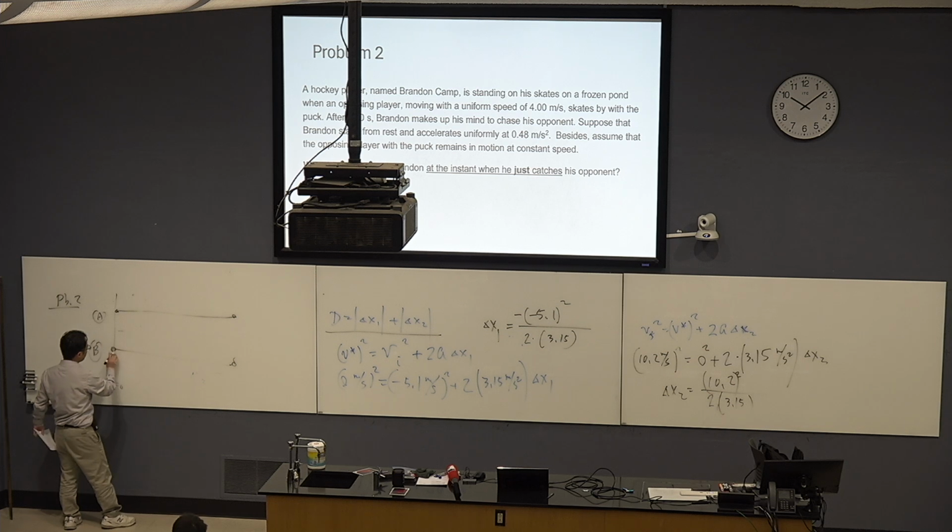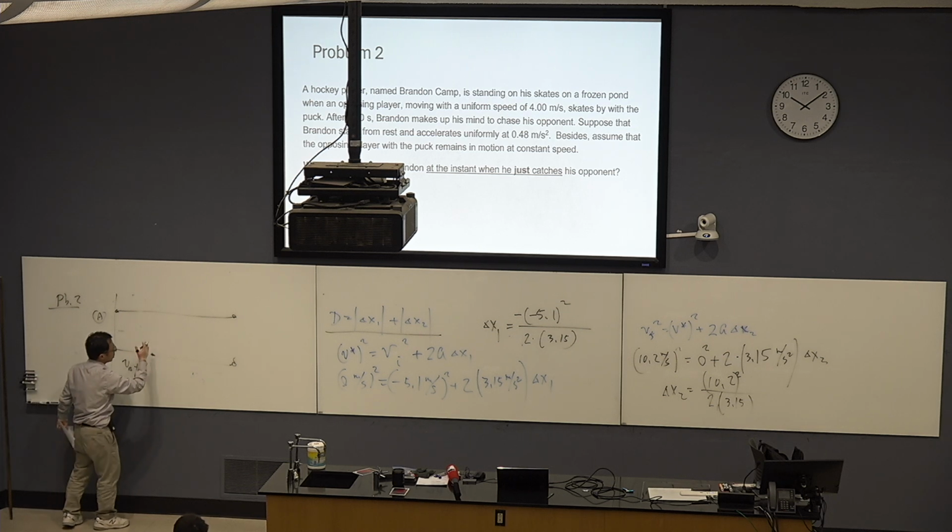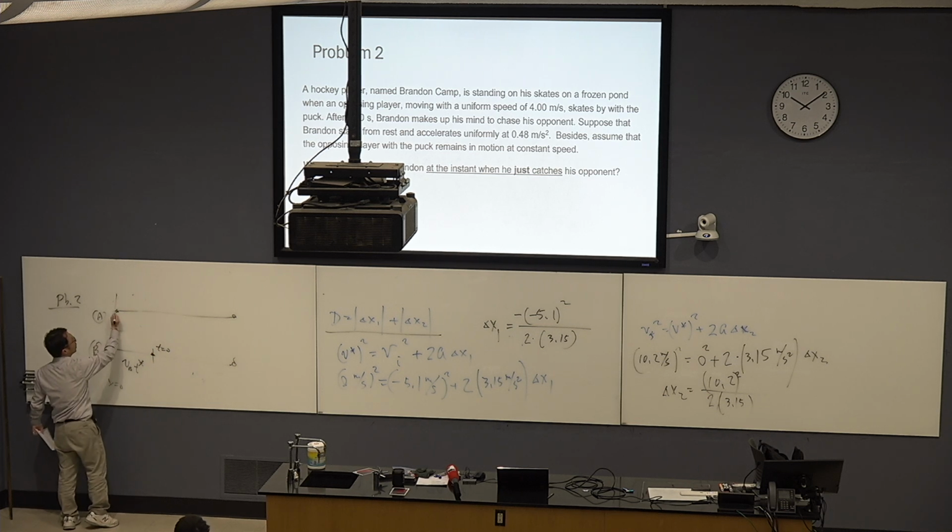Afterwards, Brandon moved with a constant speed for a certain time, which we call VB t star. After that, we assume the common clock starts ticking. This is t equals 0 for his opponent, and his opponent was at this location when t equals 0, and Brandon, person A, was at this location.